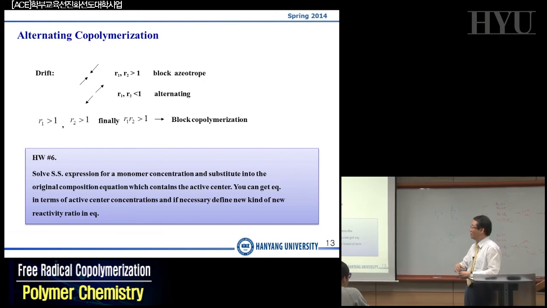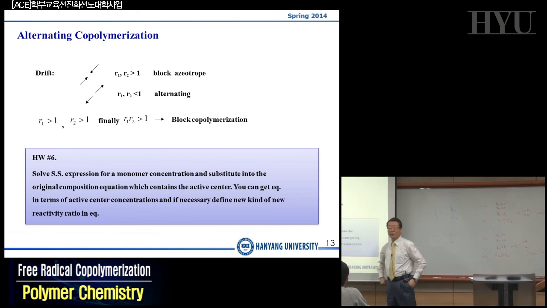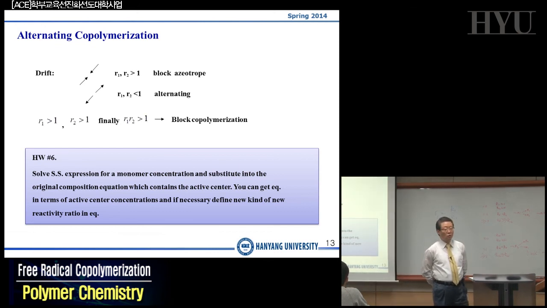Now, from now on, this homework is related to the different cases. We define the monomer reactivity ratios, small r1 and small r2, by eliminating the radical concentrations in the growing chain.